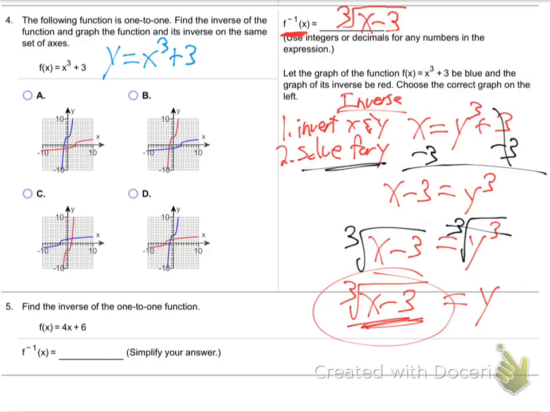Which one has the red going sideways, the blue up? There it is. See how it's graph A like that? So the original function is blue and the inverse is red, they told me. So there it is. That's the one.